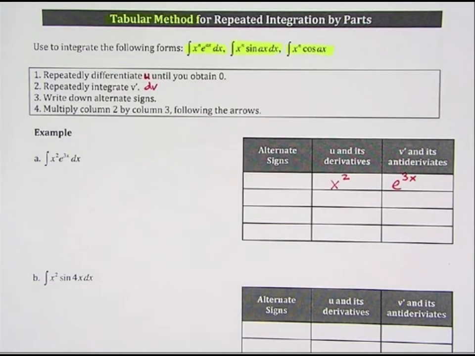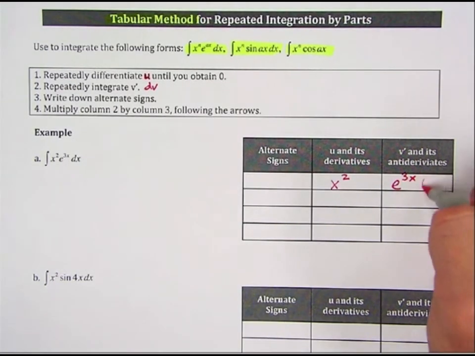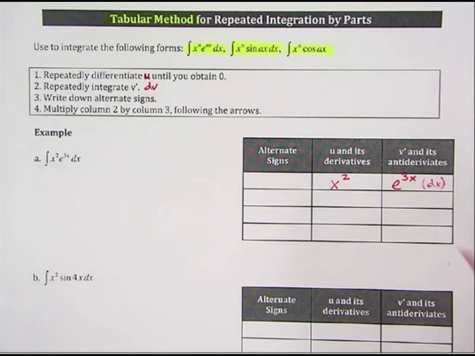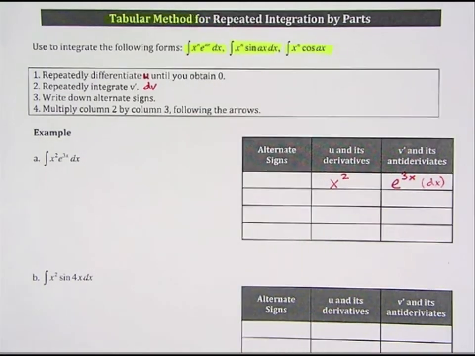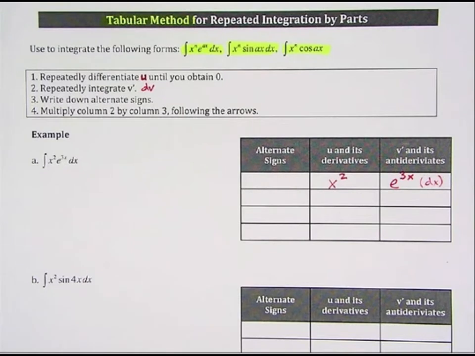Now for this, we're not actually going to write our dx. We're just going to assume it's there all the time. When they ask you for what dv is, you do want to write it. But in a tabular method, this is just for speed and ease of use, and then the final answer is what we're looking for.